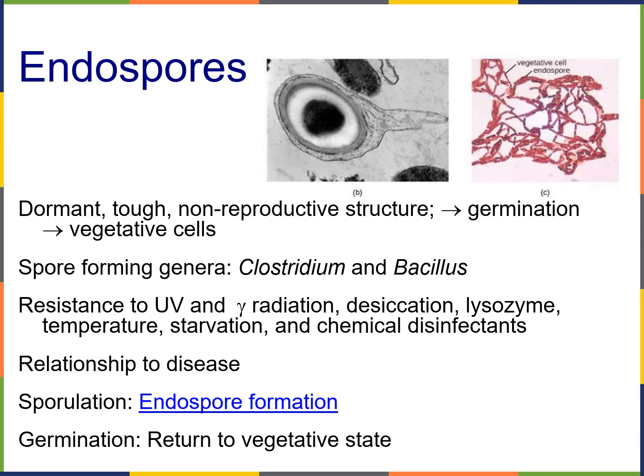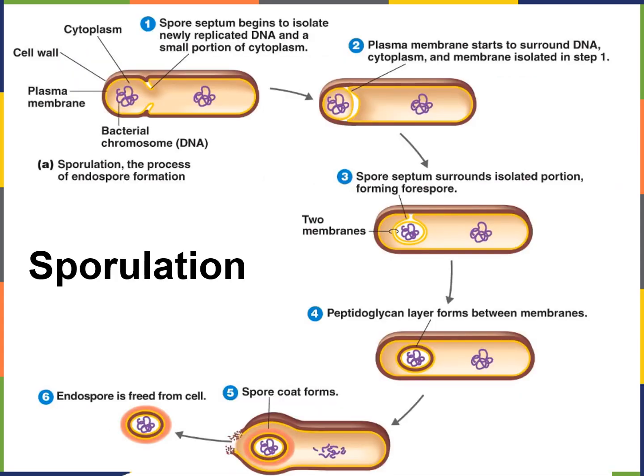So moving on to the last slide in this chapter, this is the sporulation process. In step 1, you start off with a parent cell, and you see it has a copy of the chromosome in purple. It makes a copy of that chromosome and pushes it to the end, and then it starts forming a plasma membrane, and then a second plasma membrane in step 3.